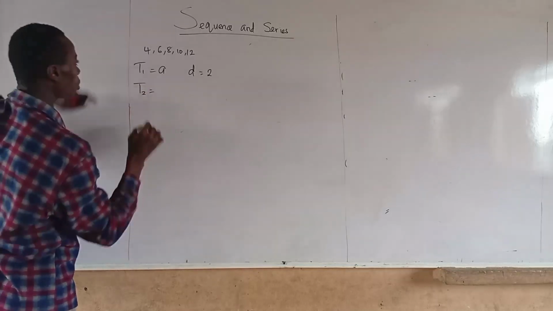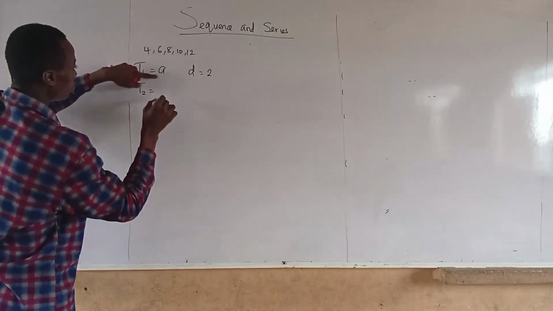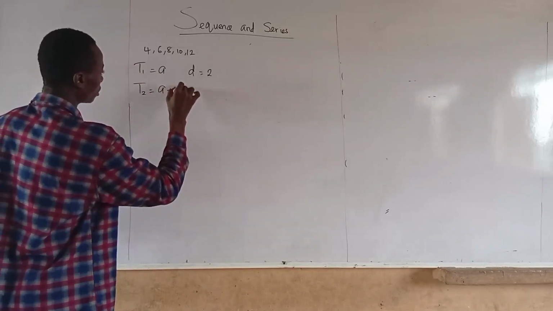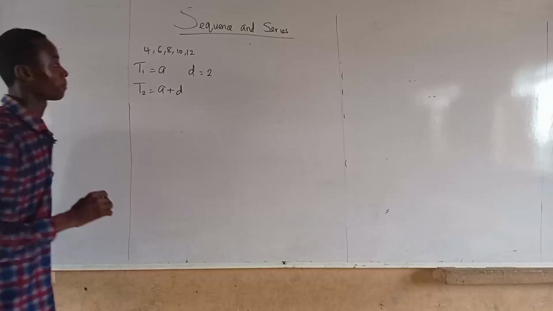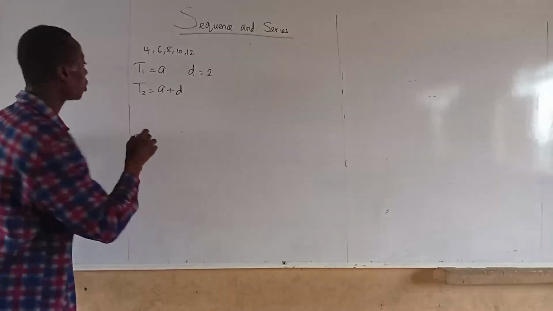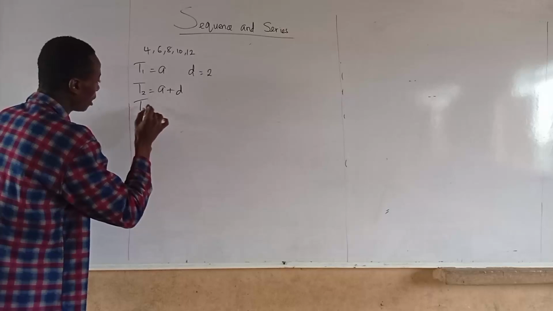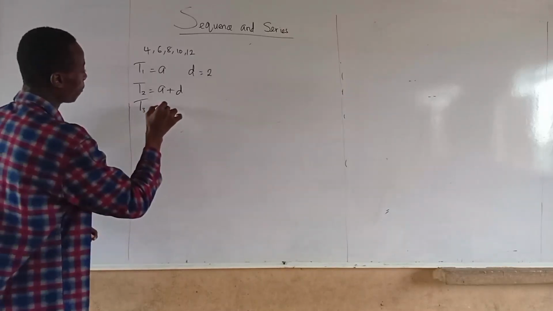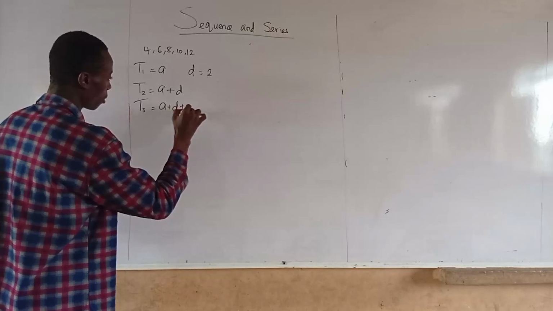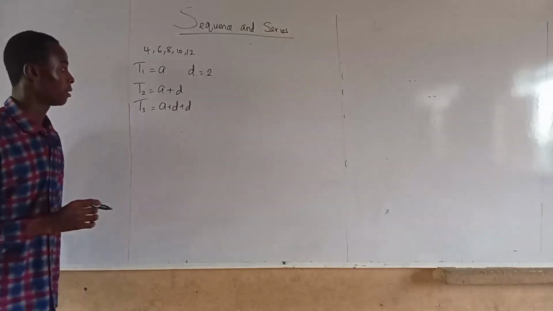T2 is equal to this first term here, which we denoted with A, plus D, right? So we are going to get our common difference. And our third term will now be equal to first term, which is A, plus common difference plus common difference, right?